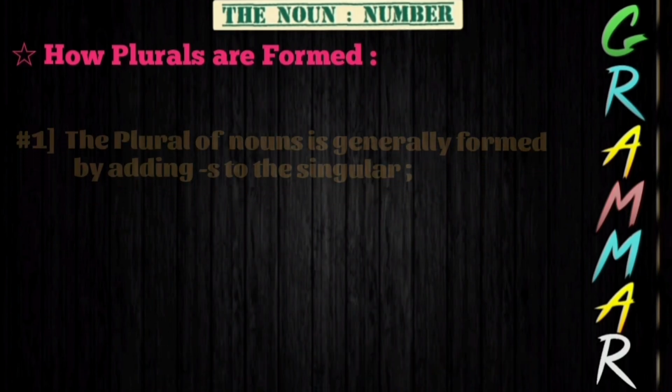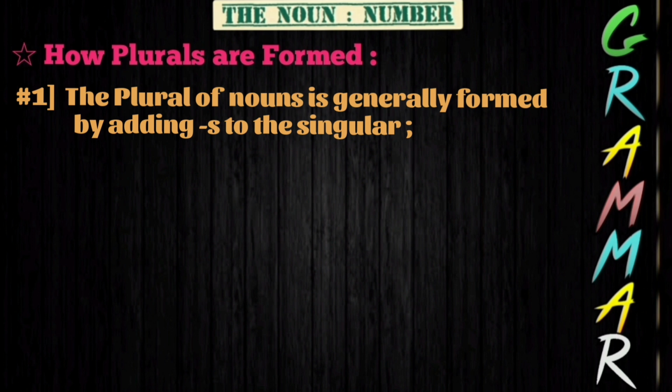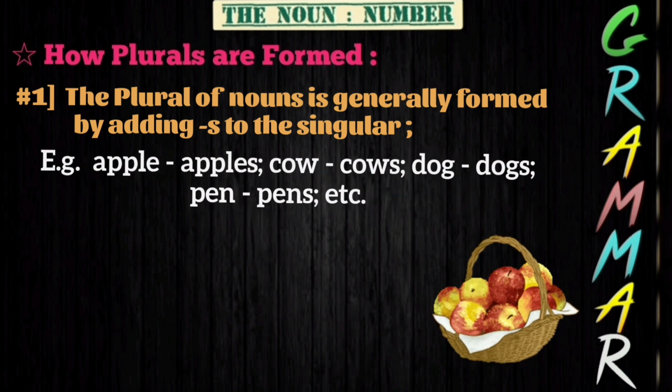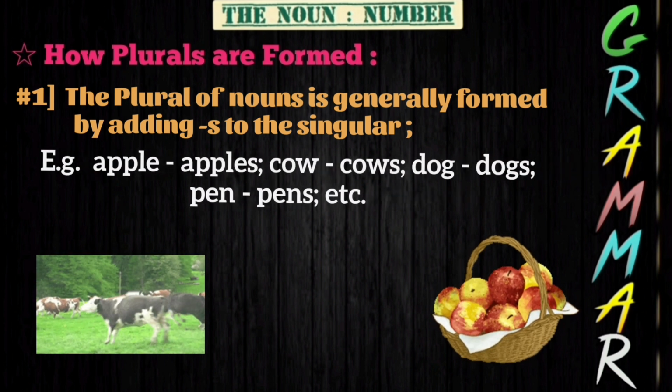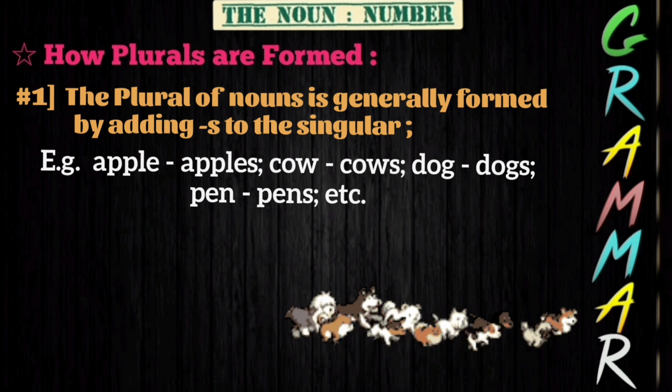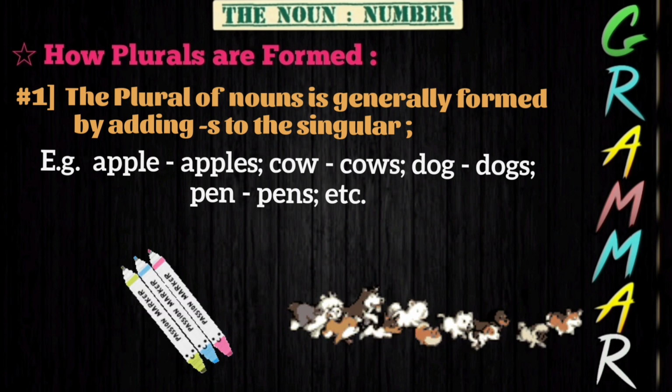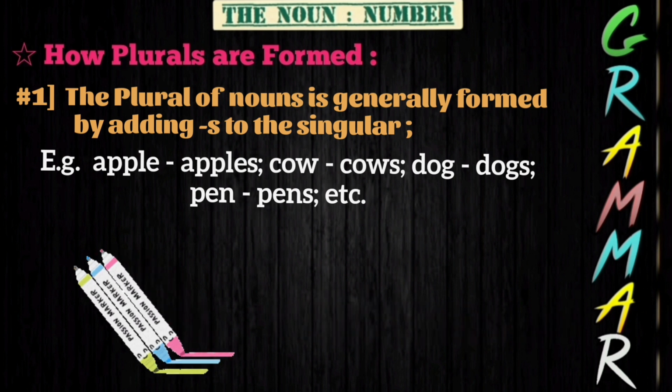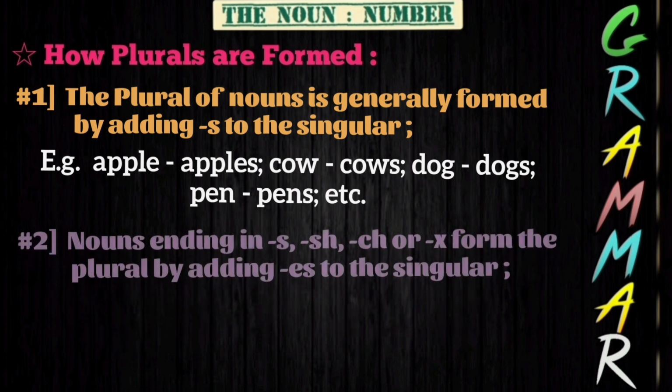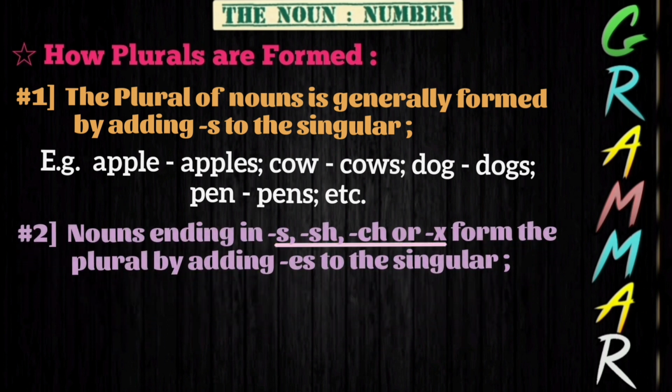The first rule is the plural of nouns is generally formed by adding S to the singular form. For example, apple, apples, cow, cows, dog, dogs, pen, pens, etc. Second rule, nouns ending in S, SH, CH or X form the plural by adding ES to the singular.